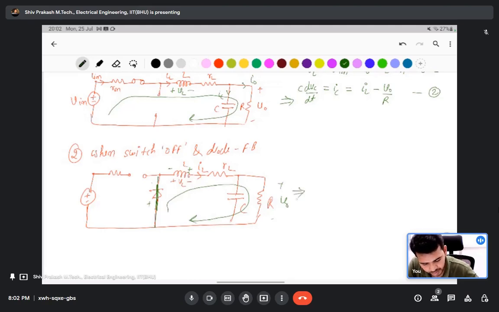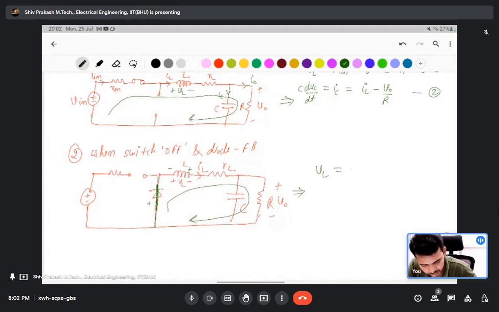Here you find VL. VL you apply with the same polarity where you took the reference polarity, not after you change the polarity. Take a reference polarity. This is the positive terminal of the output voltage, and this one is the negative terminal here.